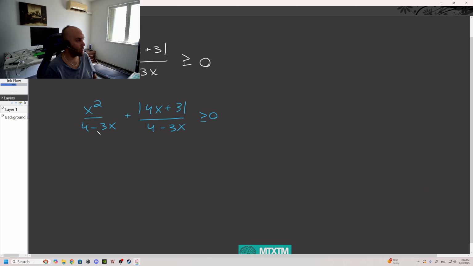Let me move this to the other side of the equation. So 4x plus 3 over 4 minus 3x is greater or equal to x minus x squared. 4 minus 3x. I just moved it to the other side. And now I think I know what I want to do. I'll explain.